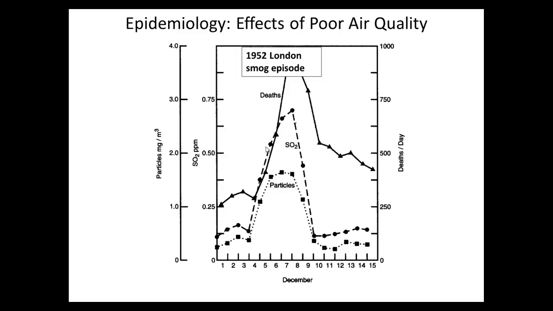You see the same trend with the sulfur dioxide, and look at the trends with the deaths. The interesting thing is that the deaths continue after the pollution has gone away, just because the people who are ill in the hospital are still dying. So this is how they measured that death comparison to the pollution.